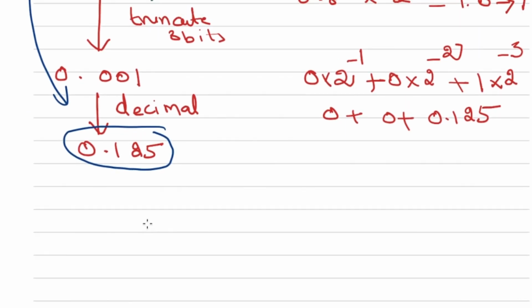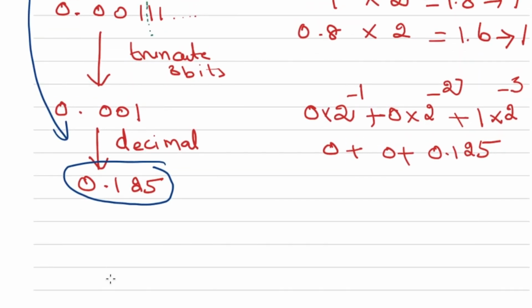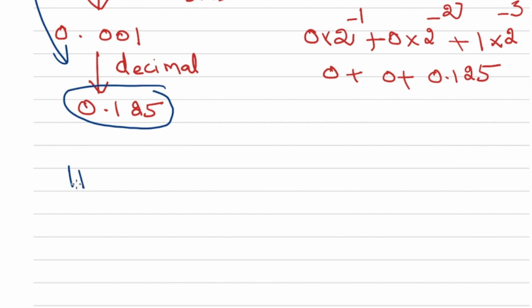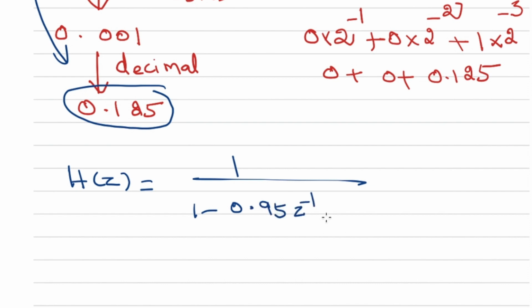So now we are rewriting the expression. We know the given IIR system function is H of z equal to 1 divided by 1 minus 0.95 z inverse plus 0.225 z power minus 2. This is the given system function.